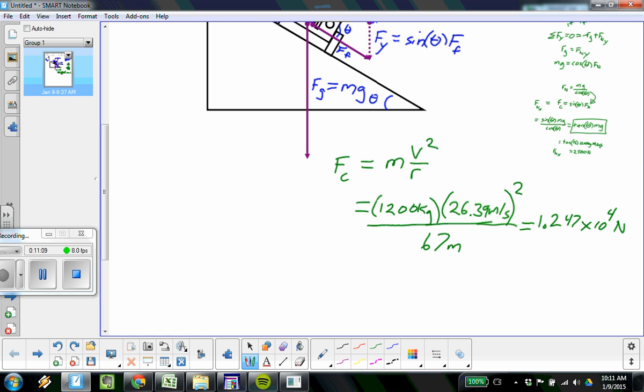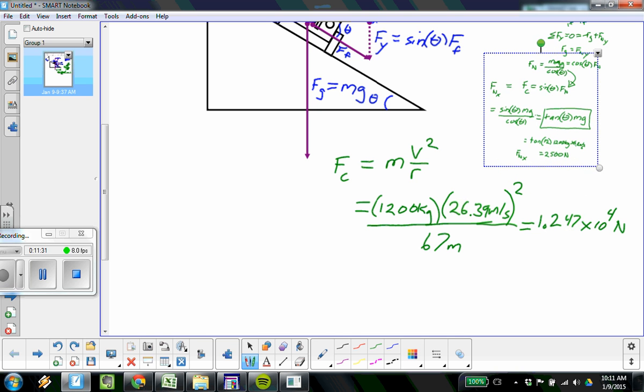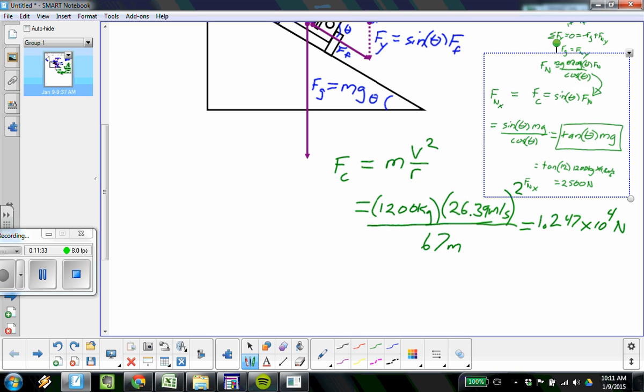So 12,470 newtons roundabout. And so what does that mean? Well, that means that the force acting to the center, remember that we've got a value available from the normal force that is nearly 10 times less. It's actually, I don't think it's quite that. Let me make it bigger so I can see it. So 2,500 newtons versus 12,000 newtons. 12,000 newtons are needed.